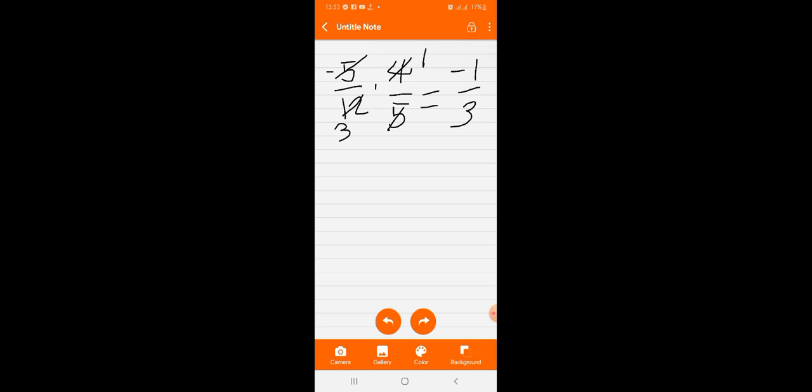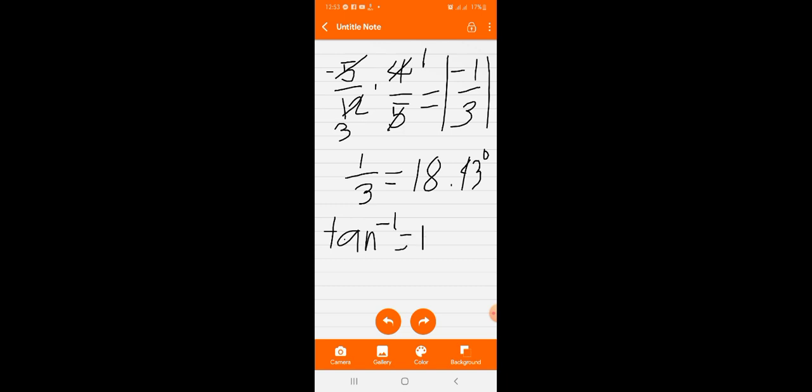So shift tan of negative 1/3 is equal to, and take the absolute value, so 1/3 is equal to 18.43 degrees.